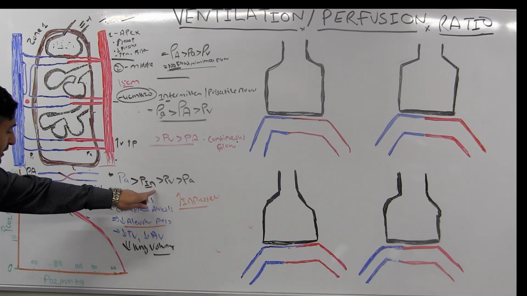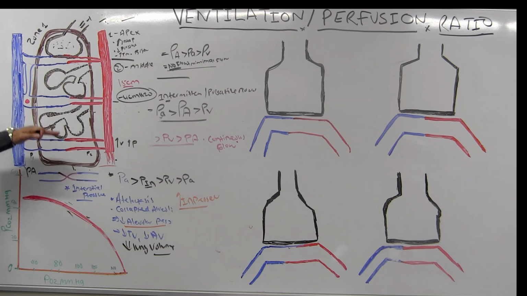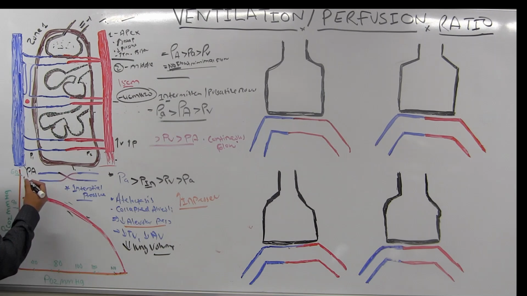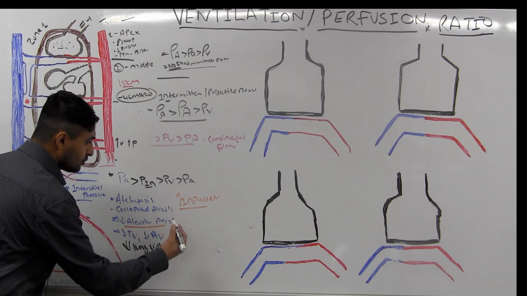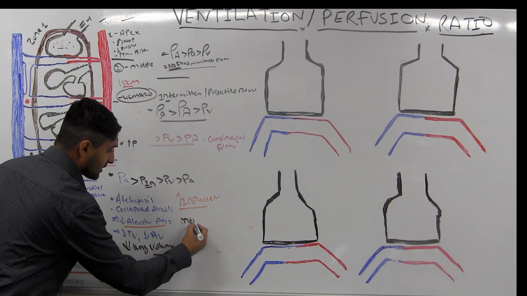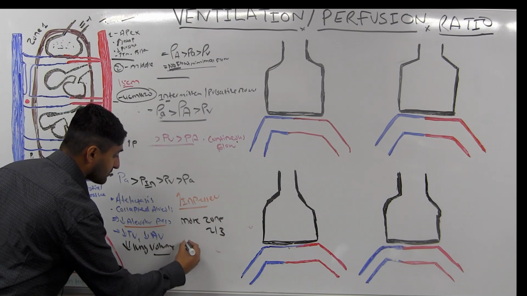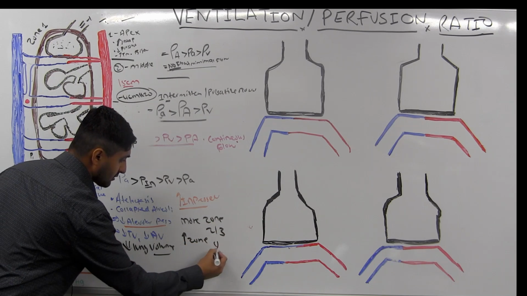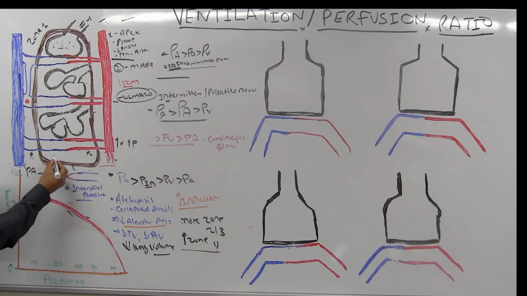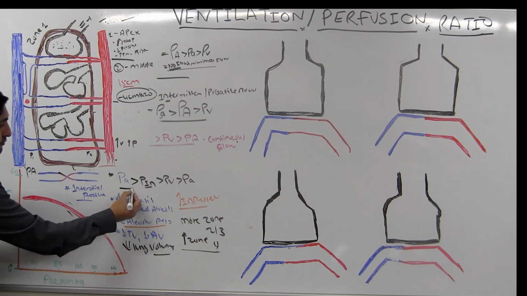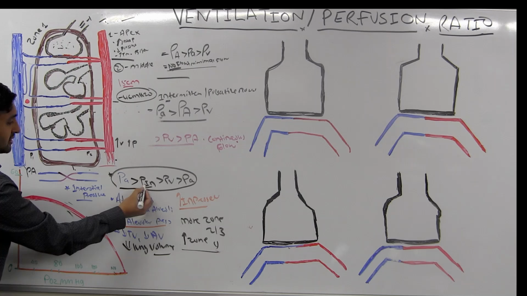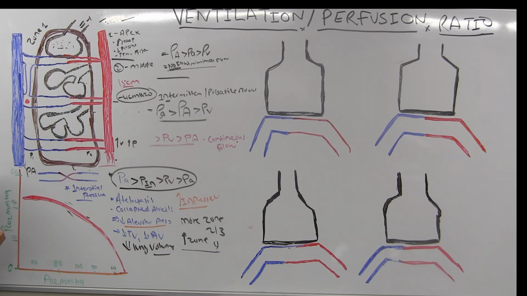In that case, you probably see more zone 2 and 3, and then you see a lot of zone 4. You see that because in zone 4, pulmonary arterial pressure is higher than pulmonary interstitial pressure, and in this case, right?